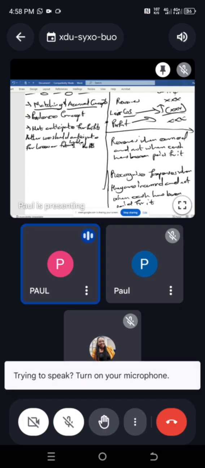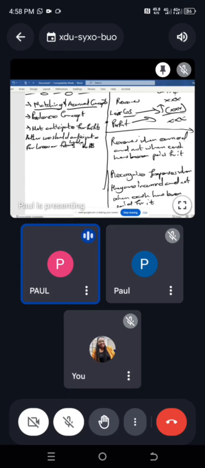Now, what it means is that, let's say you earn revenues of $1,000. This is revenue earned. This is what you've worked for.